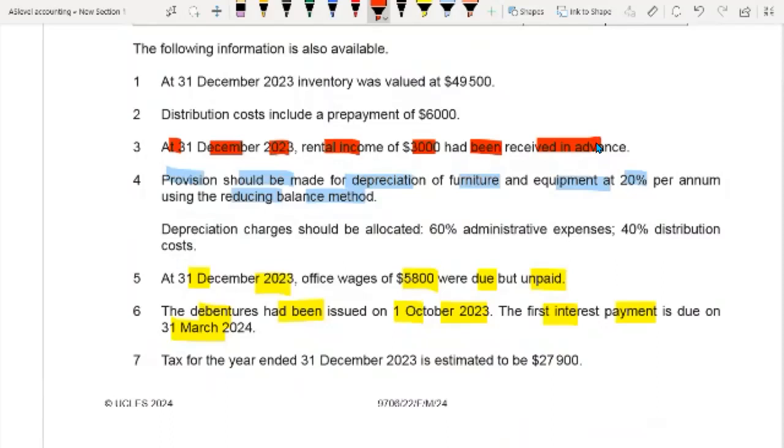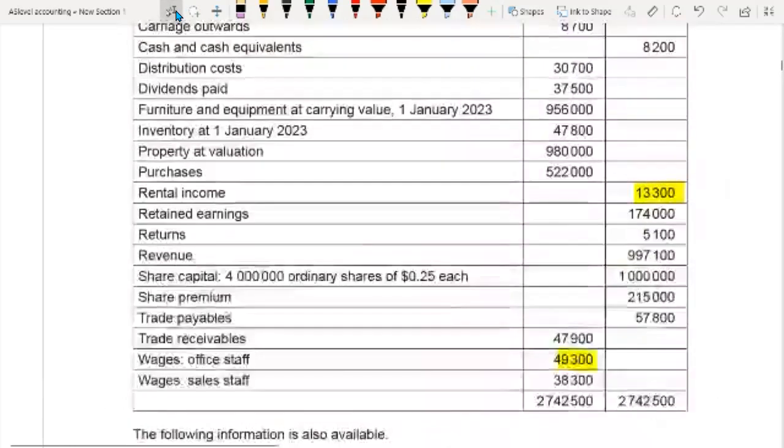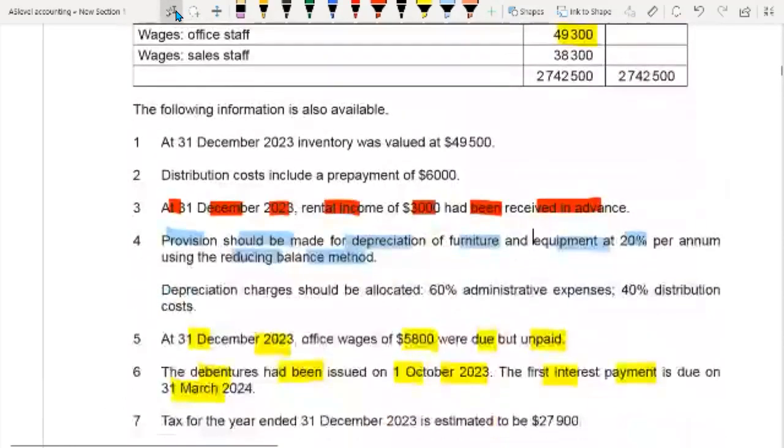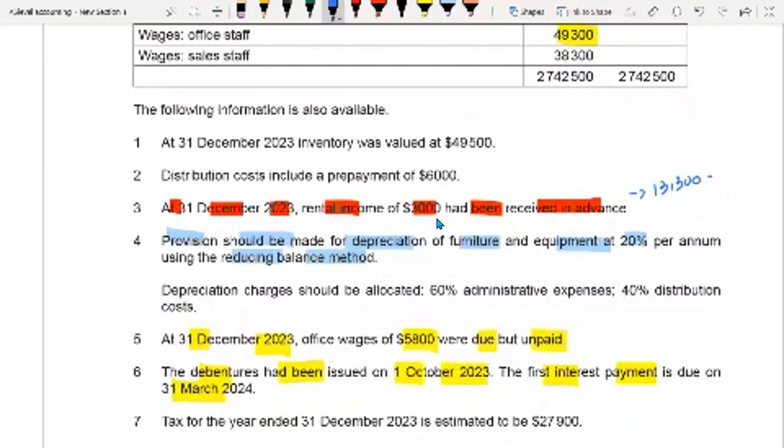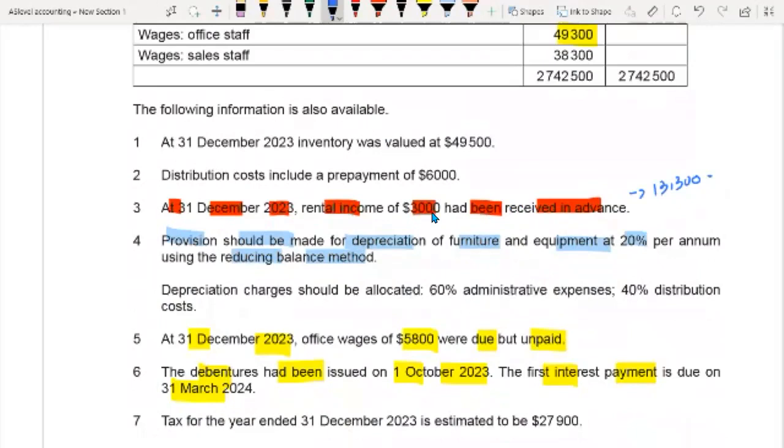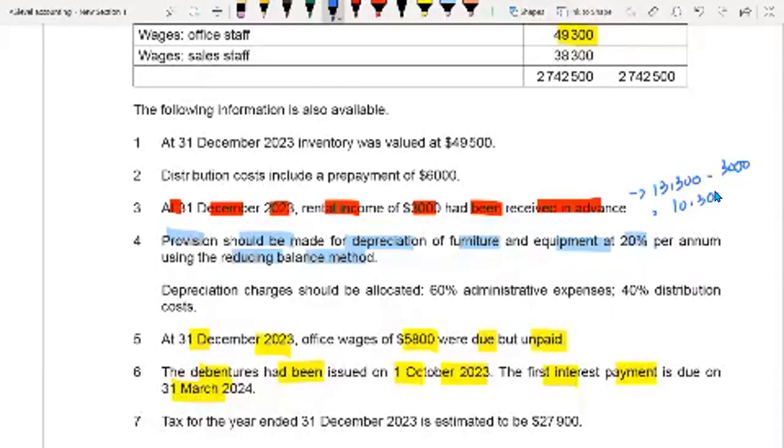So it means that we have the rental income, which is 13,300, minus 3,000, because this was in advance. So that's why we should not consider it for this year. We cannot say that this 3,000 would be part of this current year's income statement. So that's why we have to deduct 3,000 from here. So this would give you the answer 10,300.